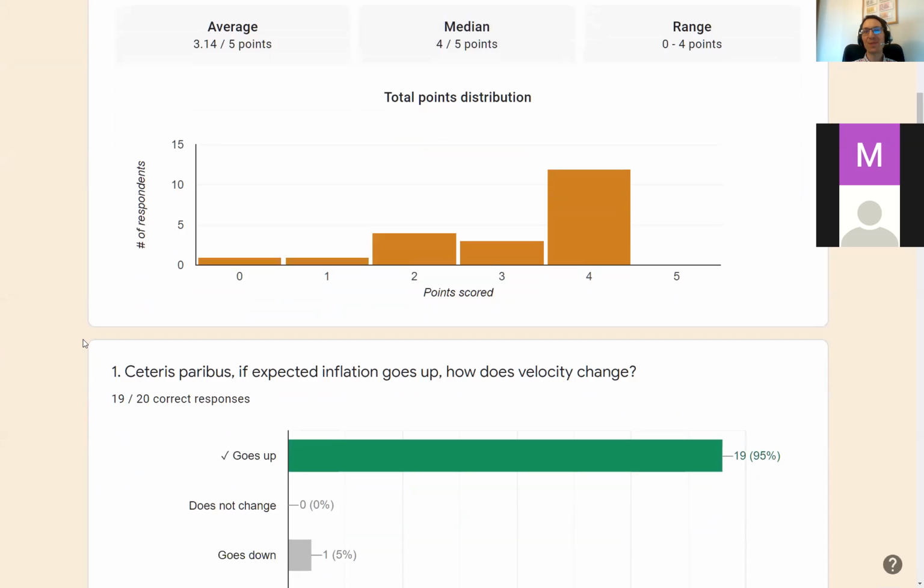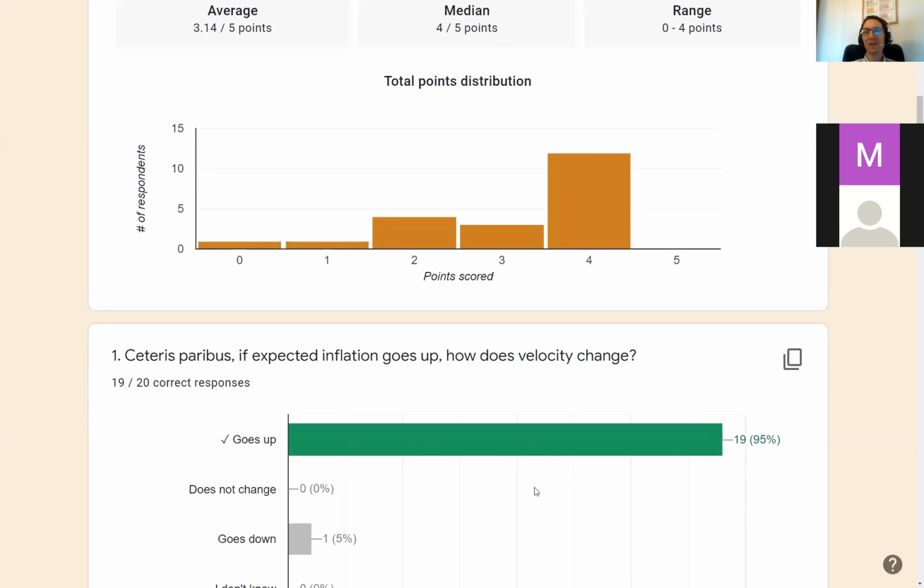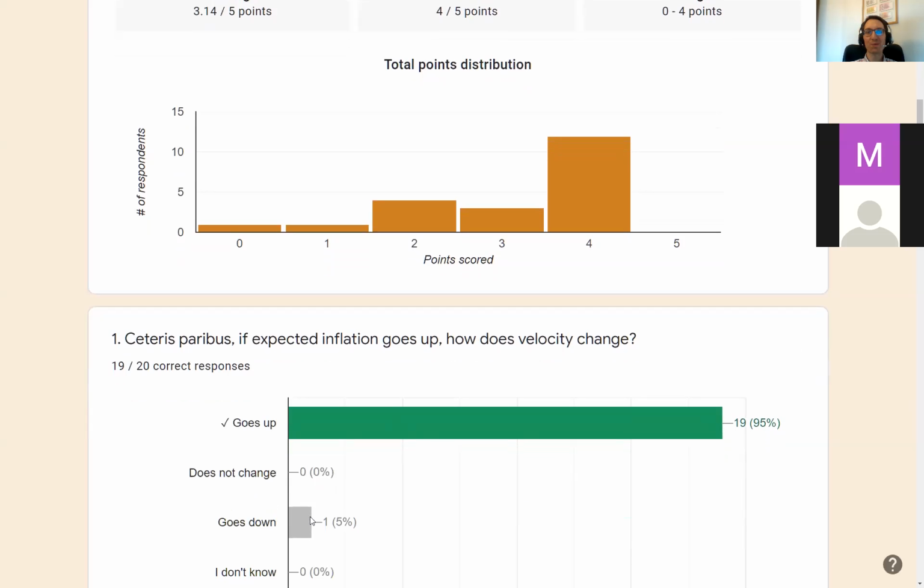Because if expected inflation goes up, then nominal interest offered by banks will go up. So people will want to keep the money with them as little as possible. So then they will rush to the bank and put it in the bank. So yeah, 95% good answers. Just one wrong, but I'm sure it's just a misclick.